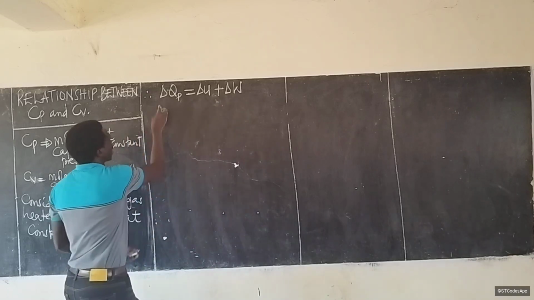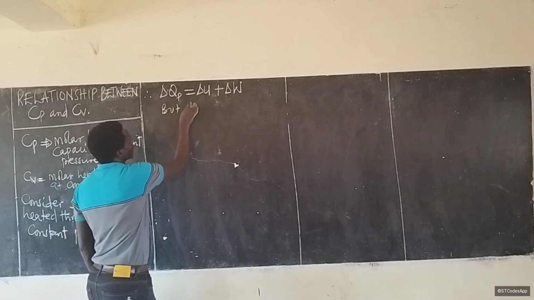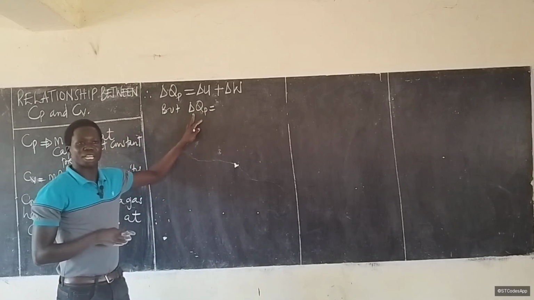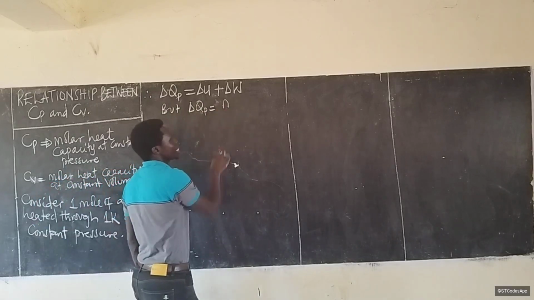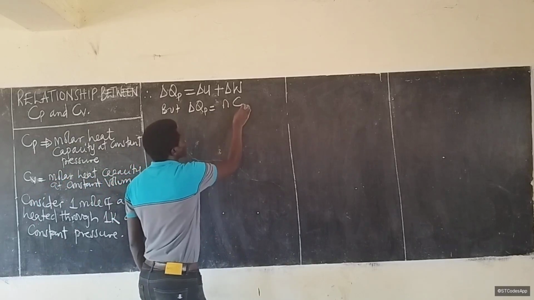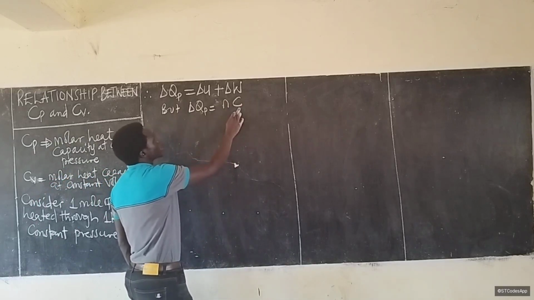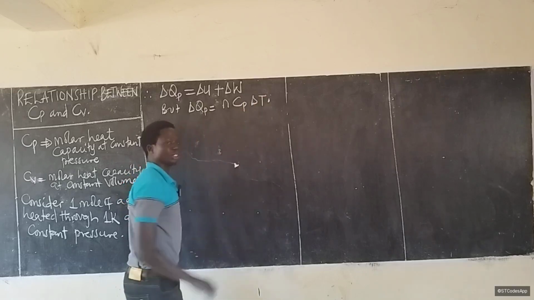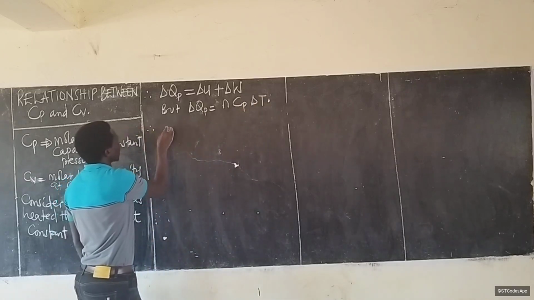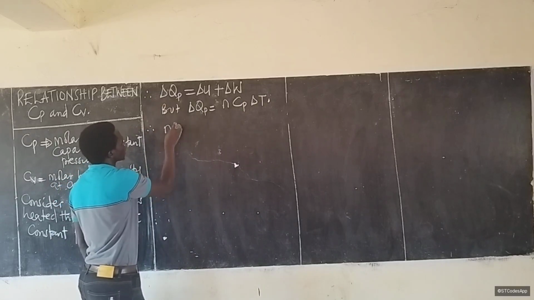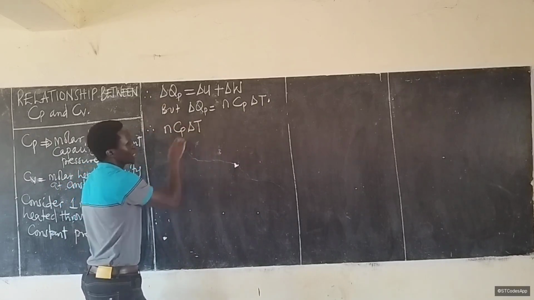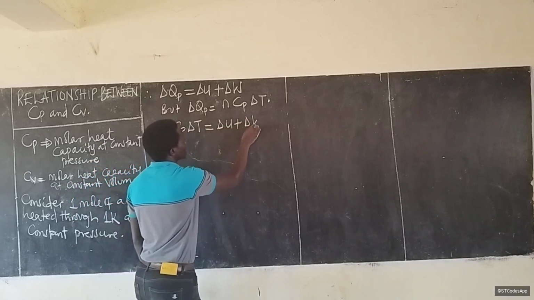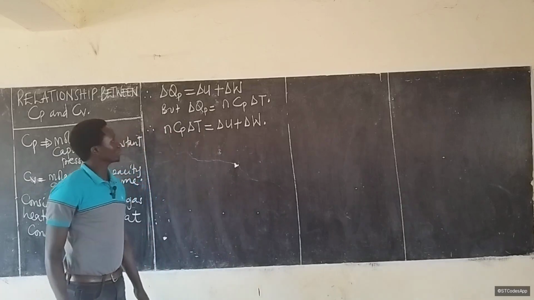Now in this case, we know that the change in QP, the heat supplied at a constant pressure, is the number of moles times the specific heat capacity at constant pressure times the change in temperature. So therefore, we shall have n CP change in T is equal to change in U plus change in W.